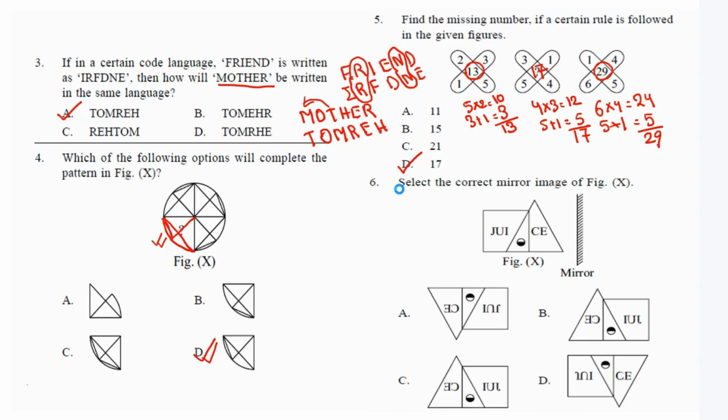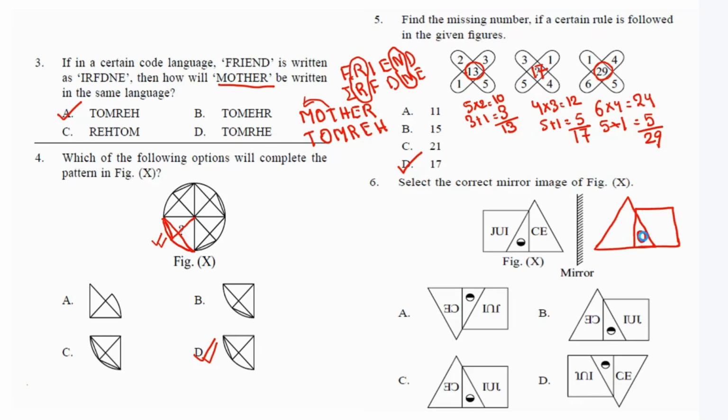Coming to the 6th question, select the correct mirror image of figure X. So here we can see the mirror and this is the figure. So how we have to do is, like, the triangle should be here, correct? From the middle of the triangle, the square is rising. So it will be like this.